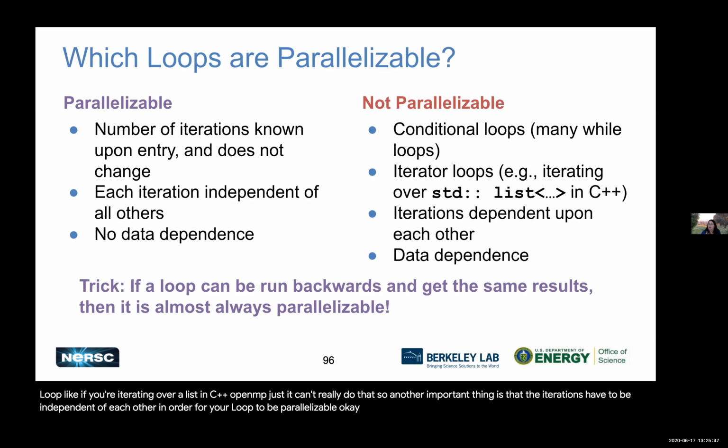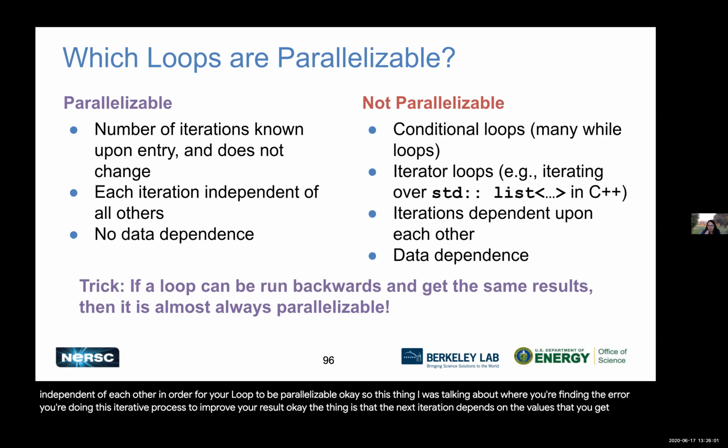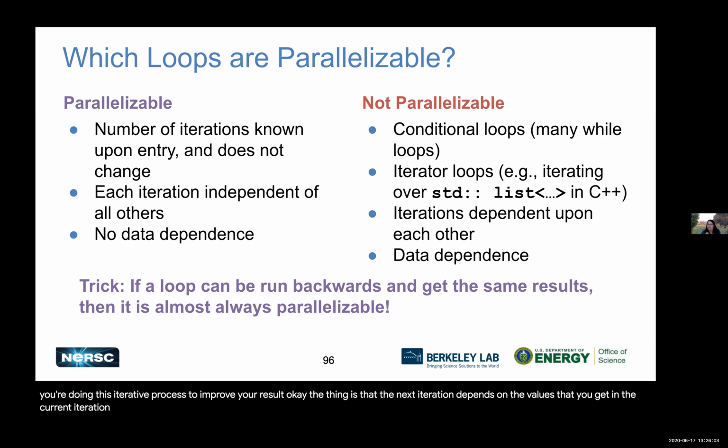So in this thing I was talking about, where you're finding the error, you're doing this iterative process to improve your result. The thing is that the next iteration depends on the values that you get in the current iteration. So those have to be done in a sequence, so they're not parallelizable.